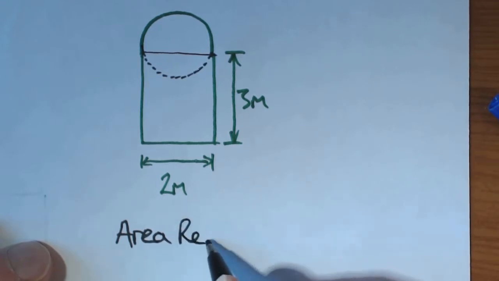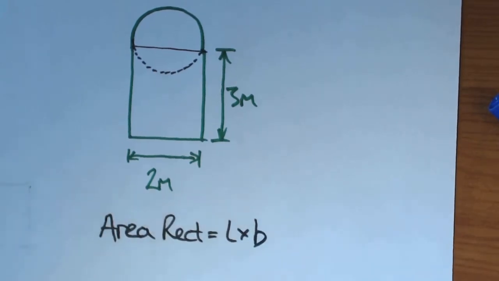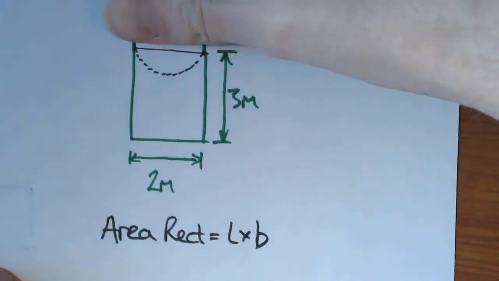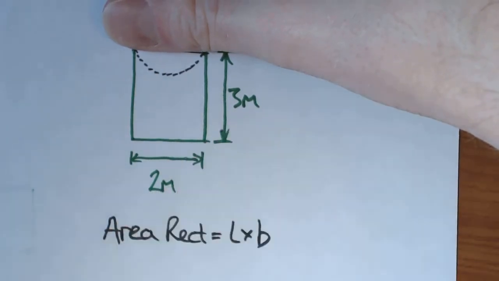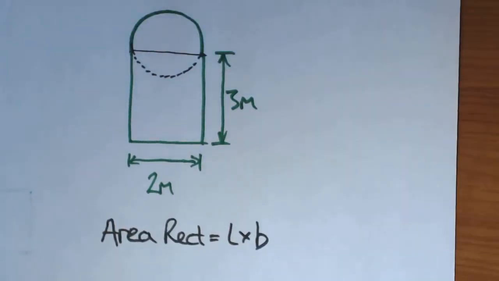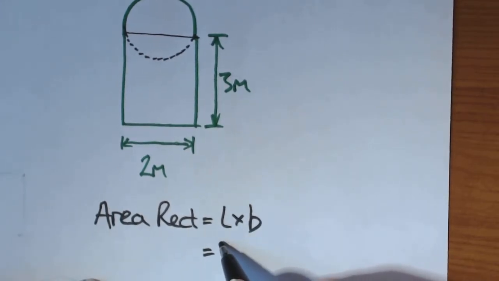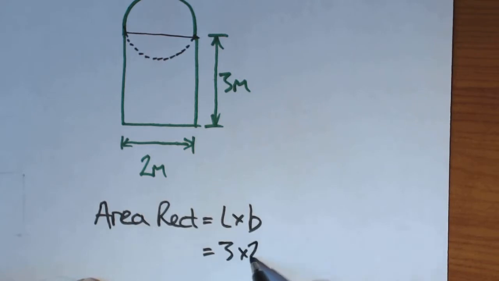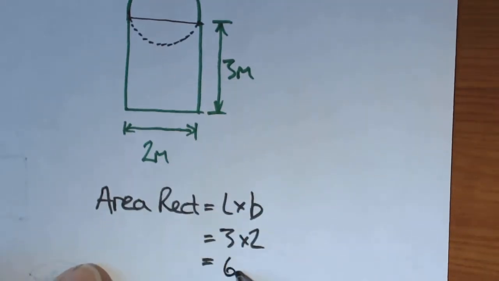So area of the rectangle equals length times breadth. So what you essentially do here is just have a wee look at this shape, and it's 2 times 3. Okay, so this is, or 3 times 2. So the area of this rectangle part of it is 6 metre squared.